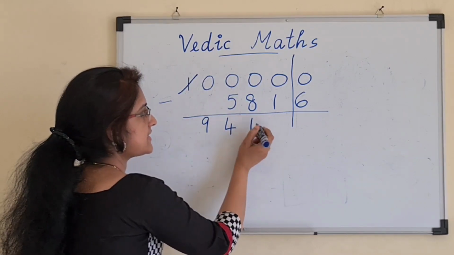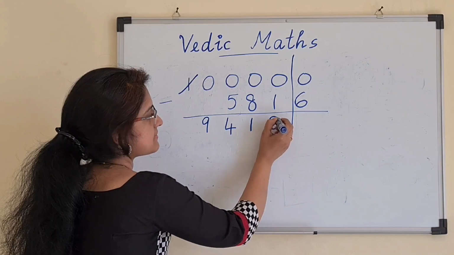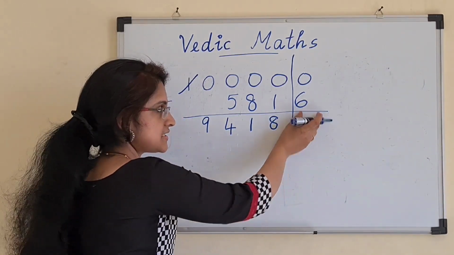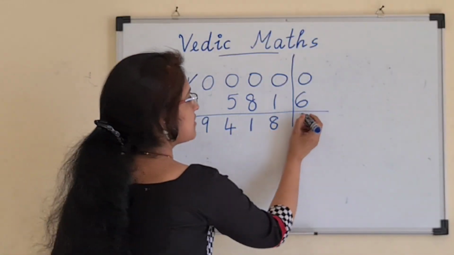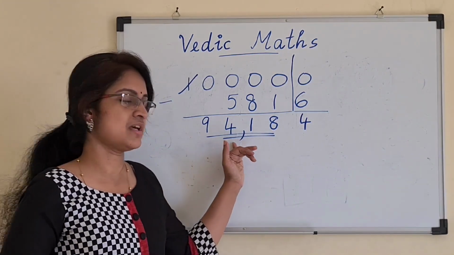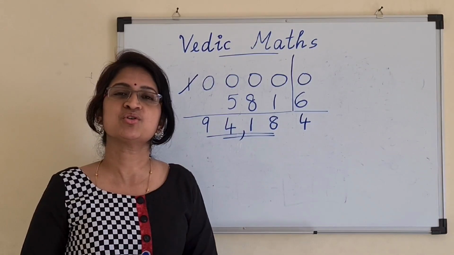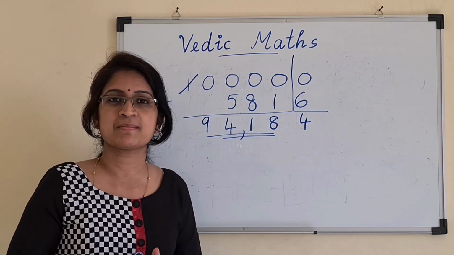Here it will be 8 because 8 plus 1 is 9. And here it will be 8 because again 8 plus 1 is 9. And the last set of digits should be added up to 10. So it is 4. The answer is 94,184.